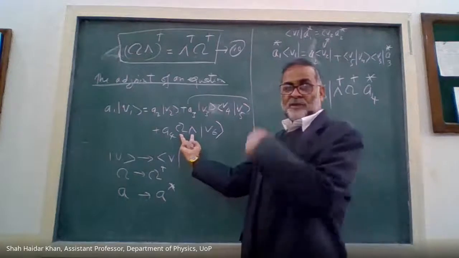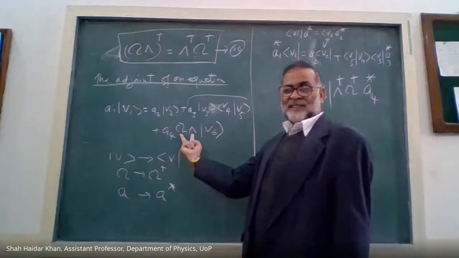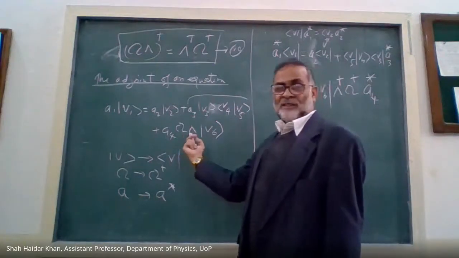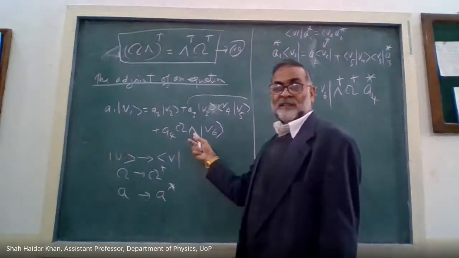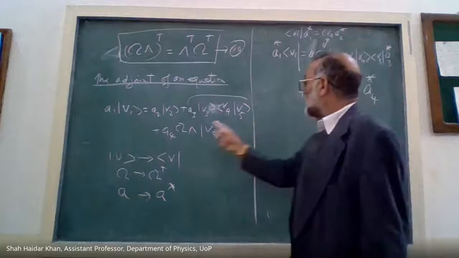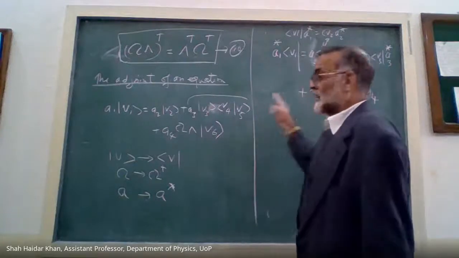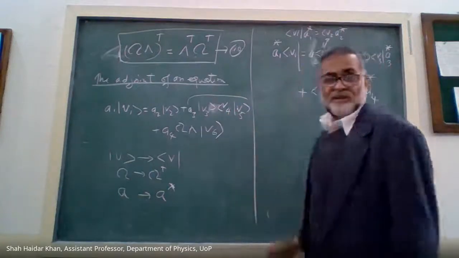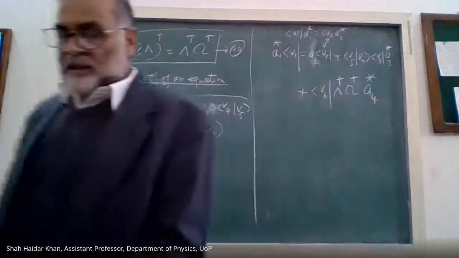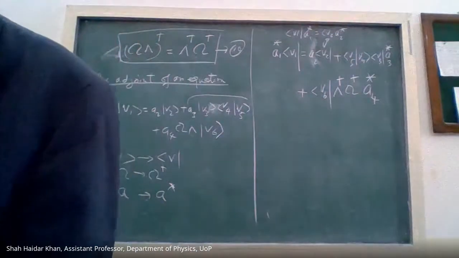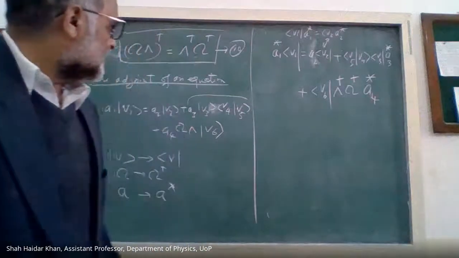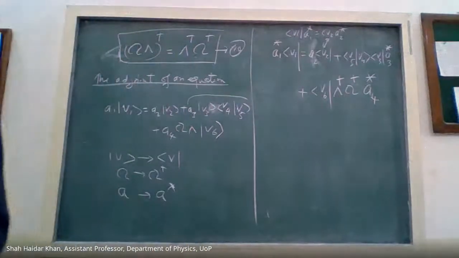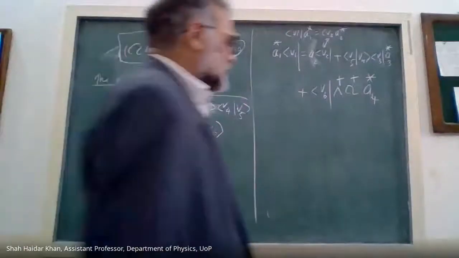Here I reverse the order, so I write lambda first, but change this to the dagger form: lambda dagger, then omega dagger, and then A4 star. So in this way you can write the adjoint of an equation in a linear vector space.